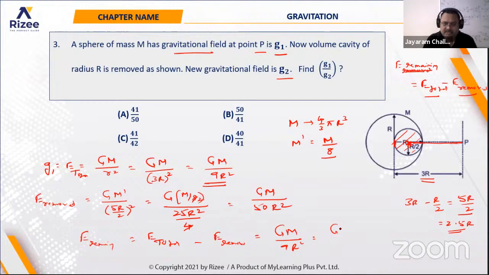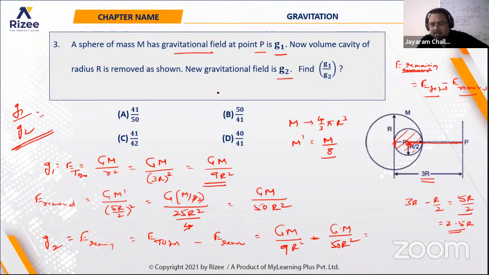This value he is naming as G. So subtract these two values and you'll be getting some answer. After getting that value, put it in the G1 by G2 ratio and you'll be getting your corresponding answer.